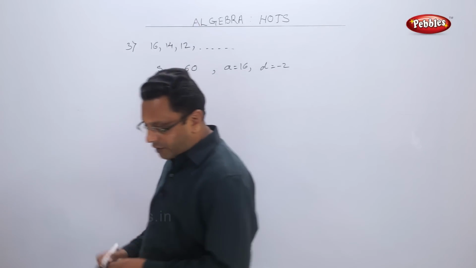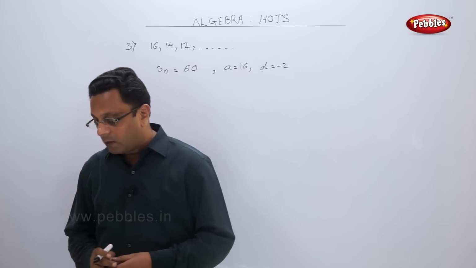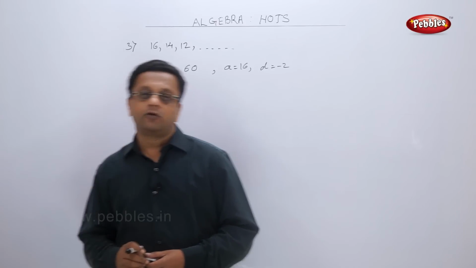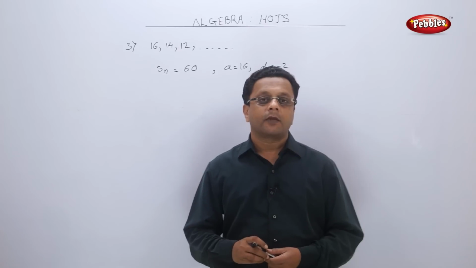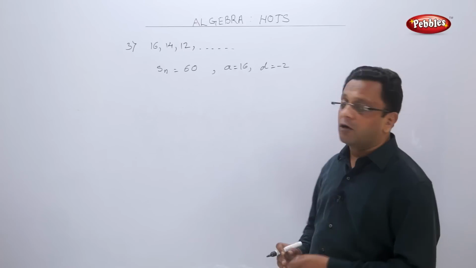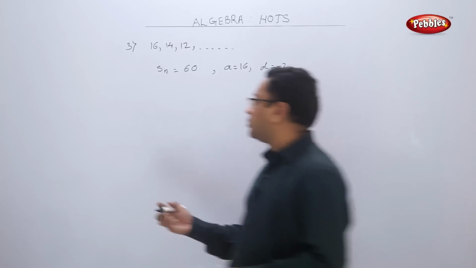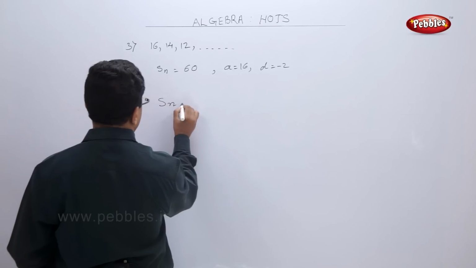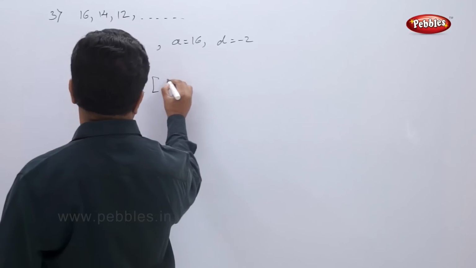Now let us read further. Explain why we get two answers. First of all, we'll find out how many terms are required. So we know Sn is equal to n upon 2 into (2A plus (n minus 1) D).